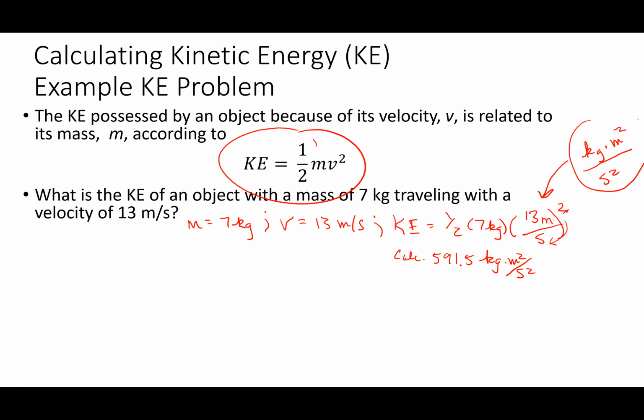But I'm telling you, really, it's just one digit. So I'm only going to keep this digit here. Do I leave it a 5 or round it up? Round it up. So what I would do is actually just 600, and I could go with joules or kilograms meters squared per second squared. Either one is great.